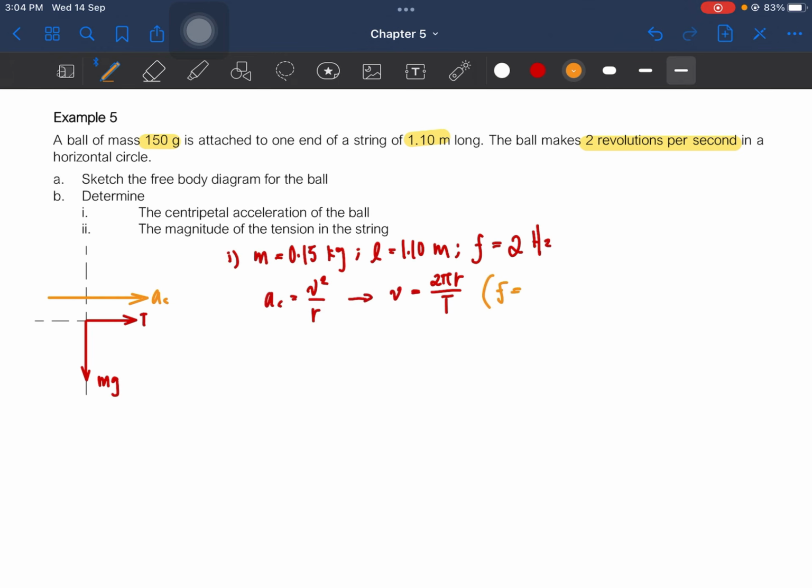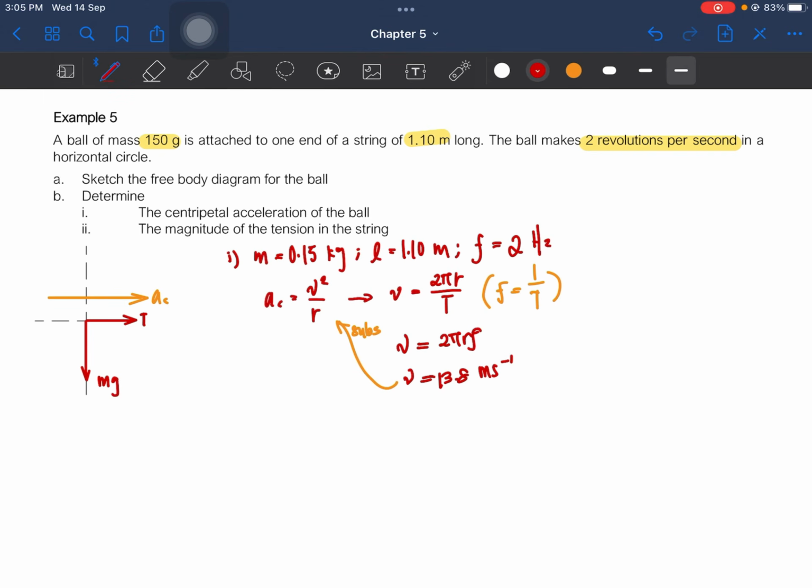Remember, f is equal to 1 over t. So dapatlah 2 pi rf. So dari sini kamu akan dapat the velocity, which is equal to 13.8 meter per second. So dapat tu barulah kita boleh substitute here.